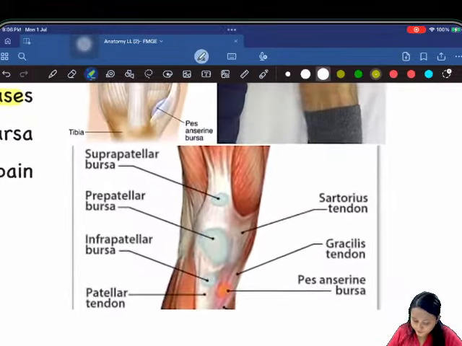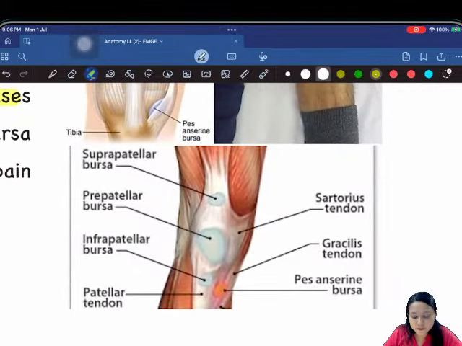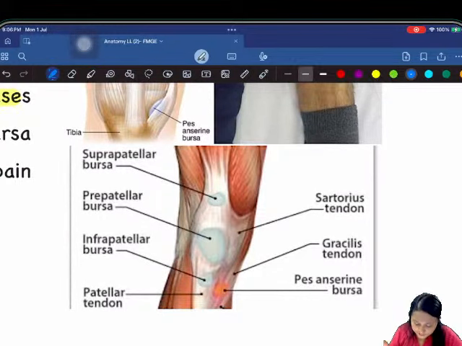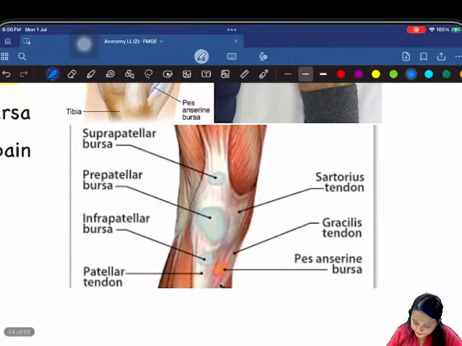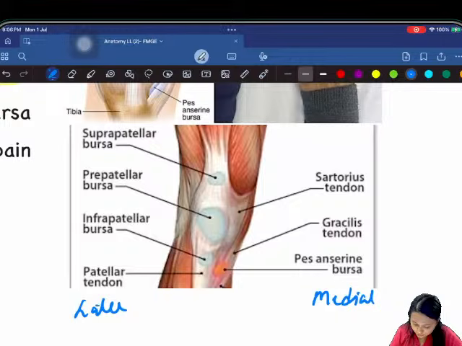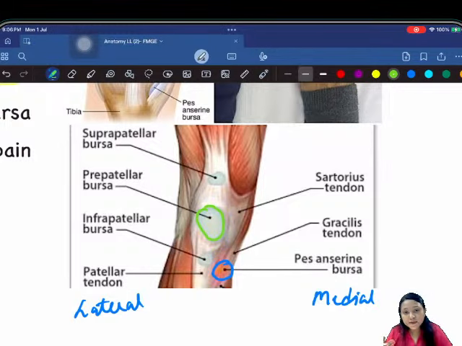So you can see different types of bursas here in the knee. We'll study them again. You have the pes anserine bursa on the medial aspect. You know that this is medial, this is lateral. If you have a bursa in front of the patella, that is the prepatellar bursa.